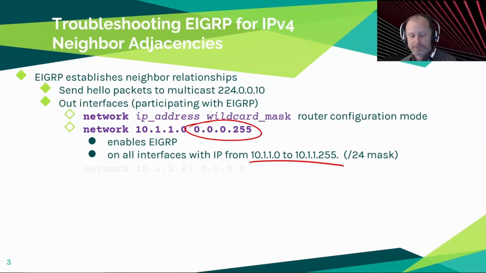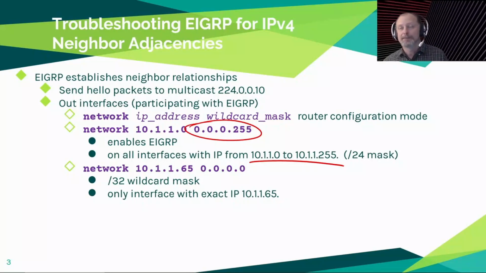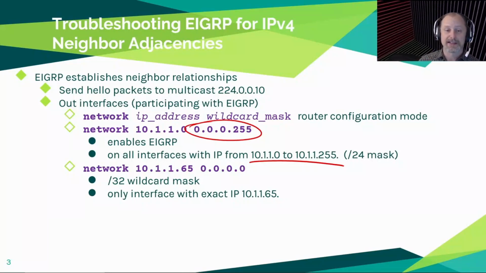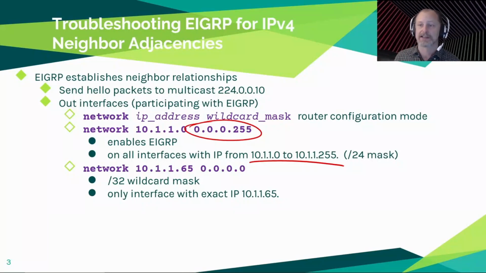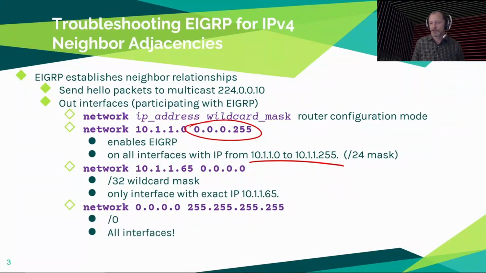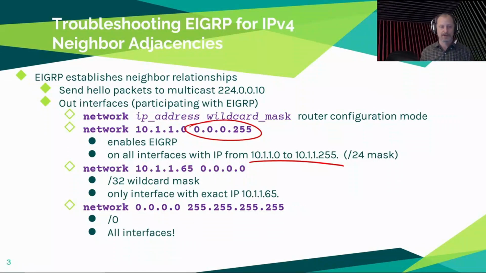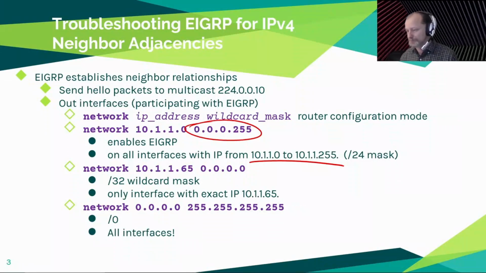This is a /32 mask, which means it has to match an interface that's 10.1.165 exactly. Or we can do this network command, which is similar to a default route, /0. All interfaces are going to be participating.